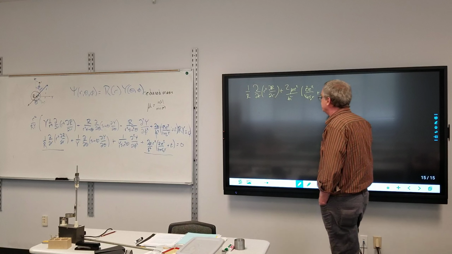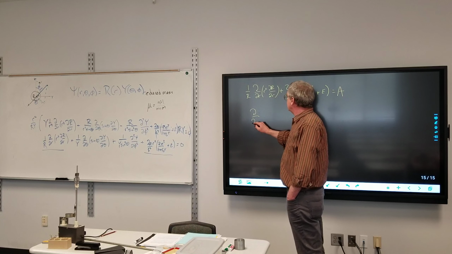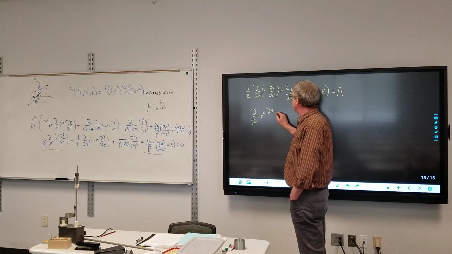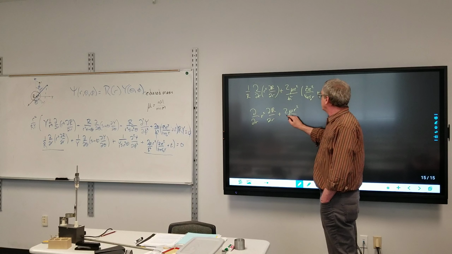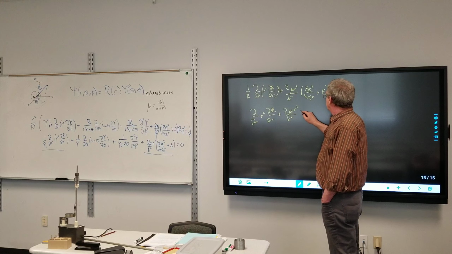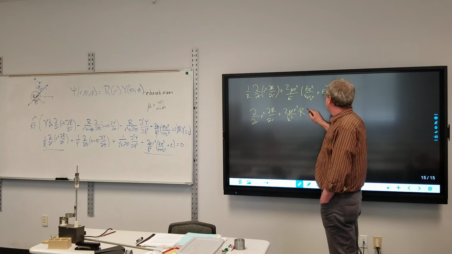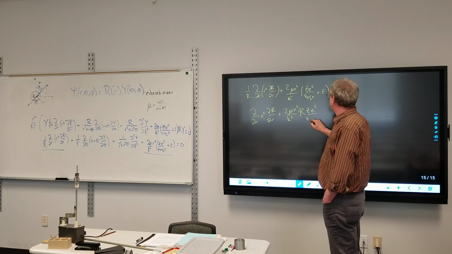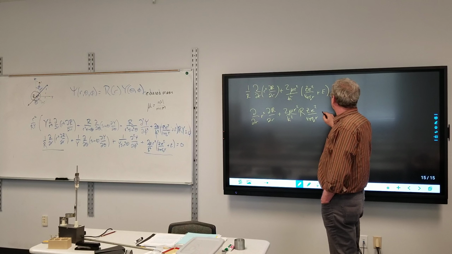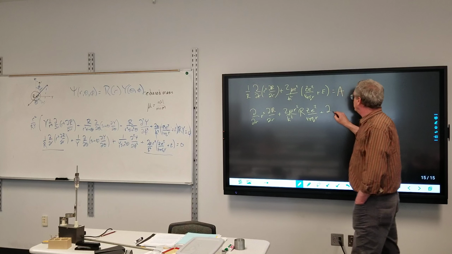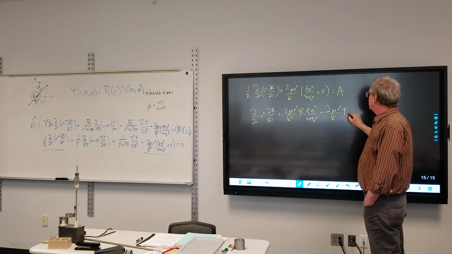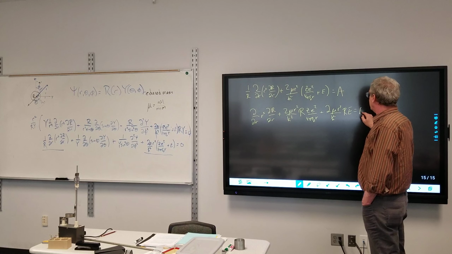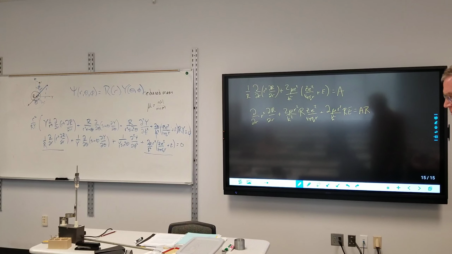Multiply everything by R, and I have del r, r squared, del R over del little r plus 2 mu r squared over h bar squared R. Let's go ahead and distribute Z e squared over 4 pi epsilon sub naught little r plus 2 mu little r squared over h bar squared R E equals A R. So much cleaner now. Actually, it is so much simpler at this point.